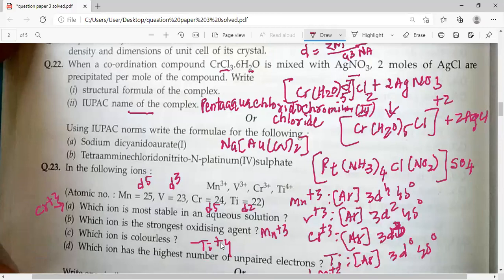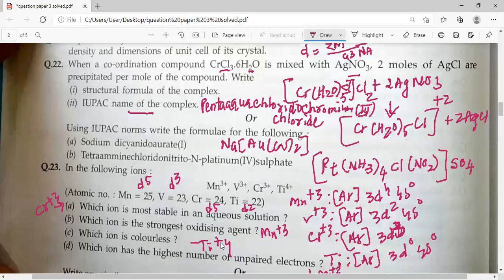Using IUPAC norms, write the formula for the following. So we need to use the IUPAC name and then IUPAC norms, and that we need to write the formula. Sodium dicyanidoaurate 1. So that is what it gives us, the formula: sodium aurum, that is Au, and CN twice. So Na[Au(CN)2].